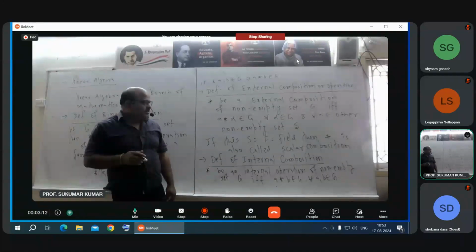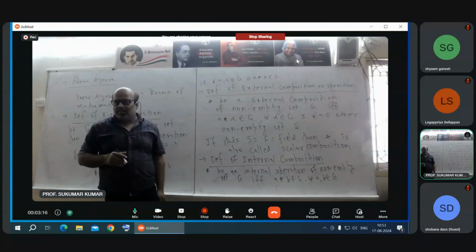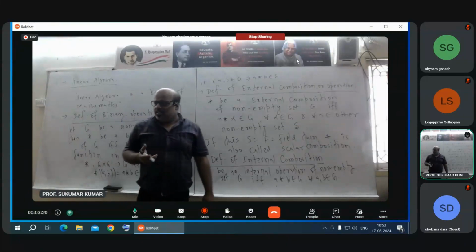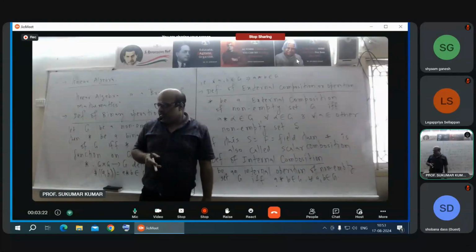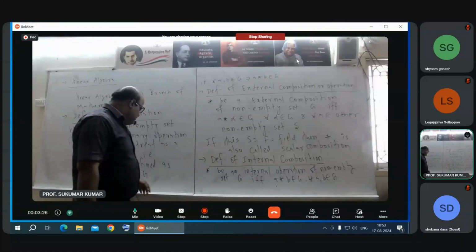So a star alpha belongs to G, where alpha belongs to G and a is from the other non-empty set. And if that non-empty set is a field, then we can also call it scalar composition or scalar operation. This only we have to use in vector space.